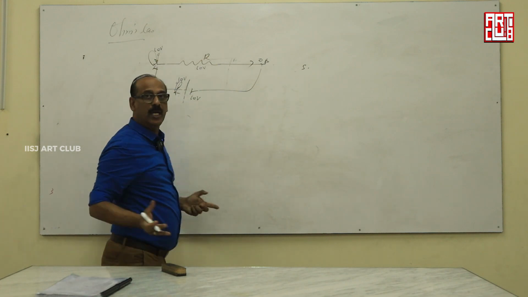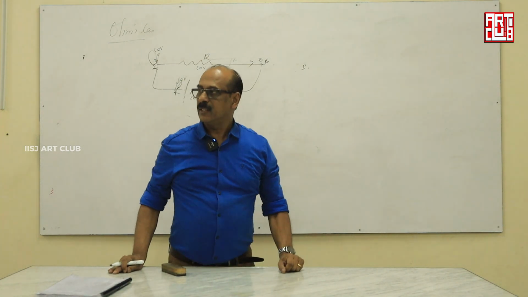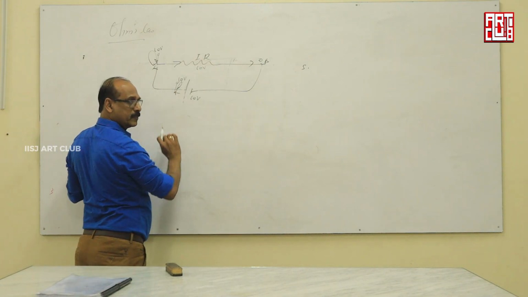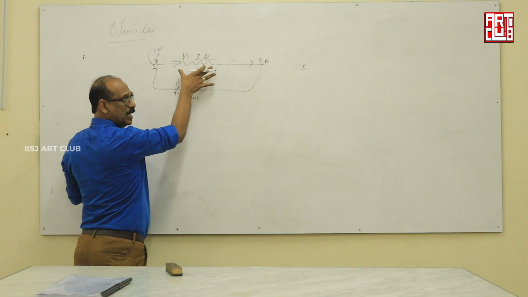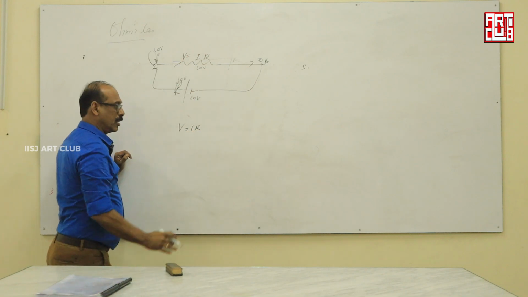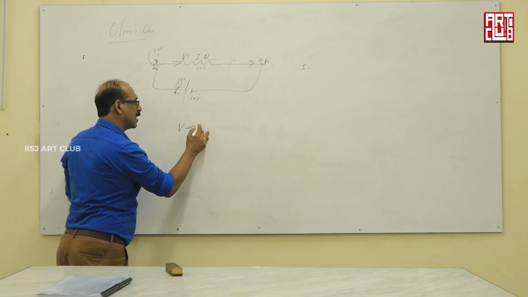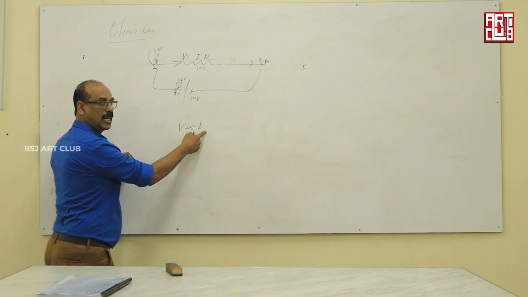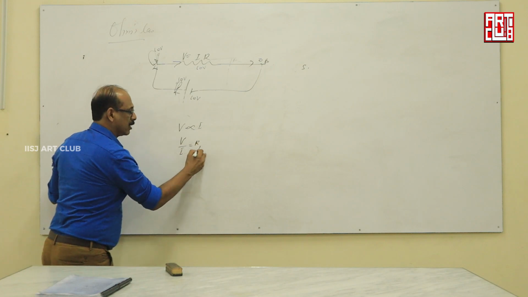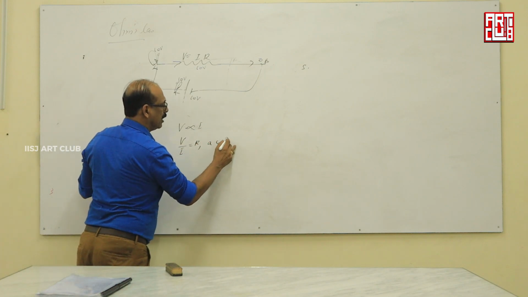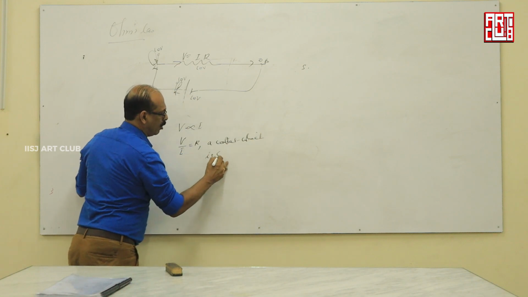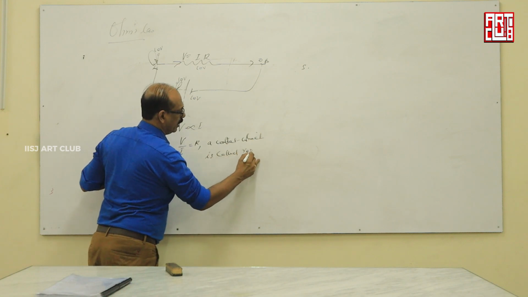This potential drop, Ohm's law helps us to find. That means Ohm's law says that when a current I is flowing through the wire, the voltage drop, that energy drop across this wire, V is equal to IR, or V is proportional to I. This law states V is directly proportional to I, and V by I is equal to R. This R is called a constant, a constant which is called resistance, okay?